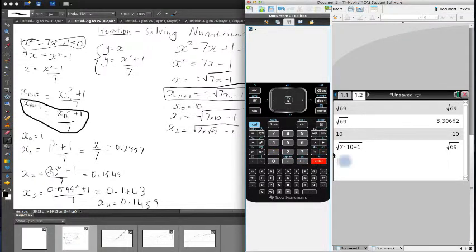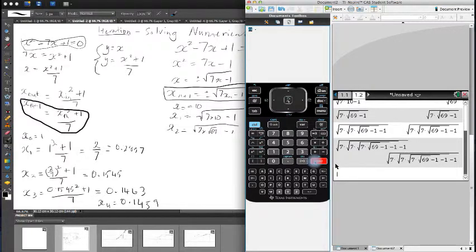And there we go, it's 69. Now if I press enter again, it will take root 69 and put that in where I said answer before. So here it's got 7 times our previous answer minus 1. I can just press enter again and again, and our CAS will do the iteration for us.